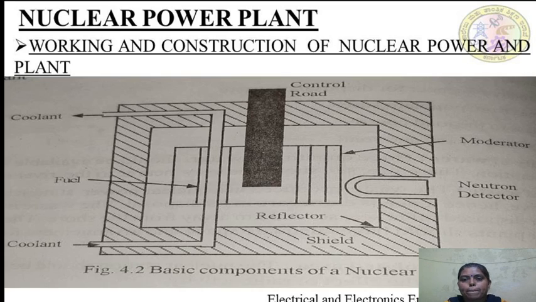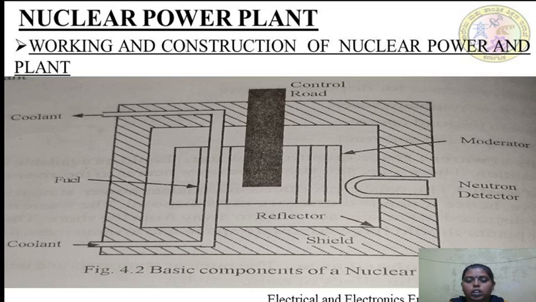In this we see that the nuclear reactor consists of control rods, reflector, shielding, moderator, coolant, fuels and neutron detector. The reactor mainly consists of fuels and control rods.